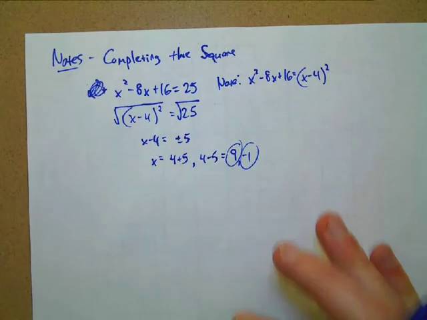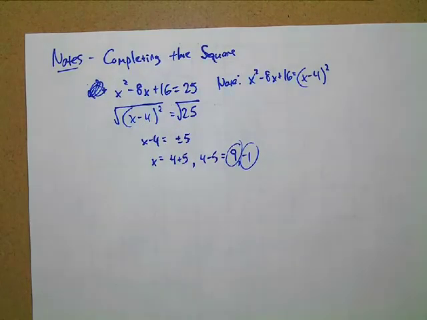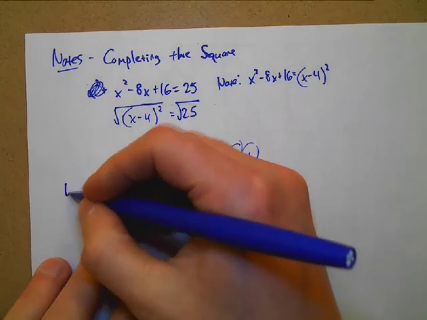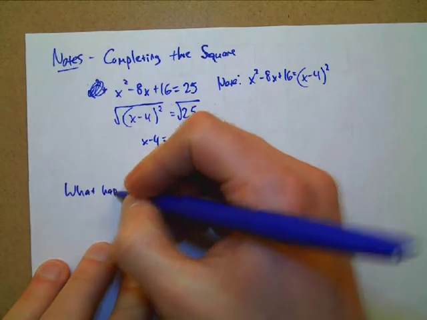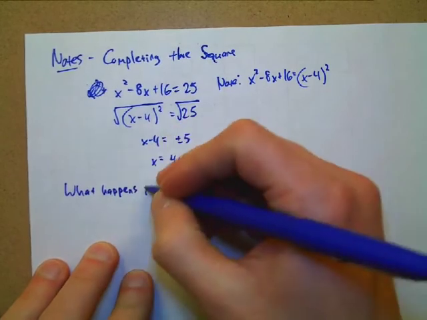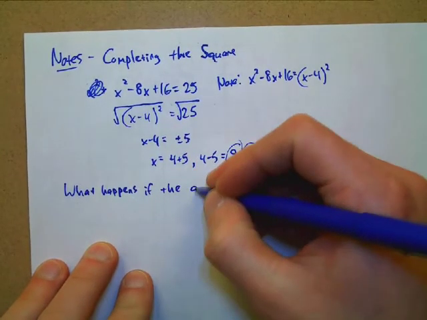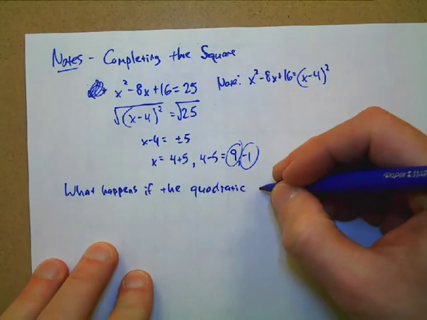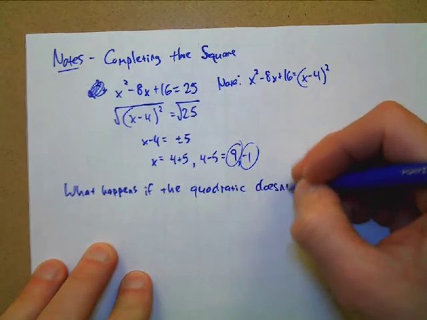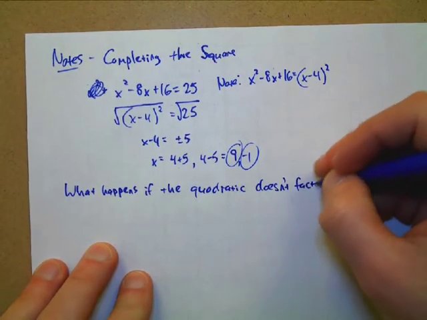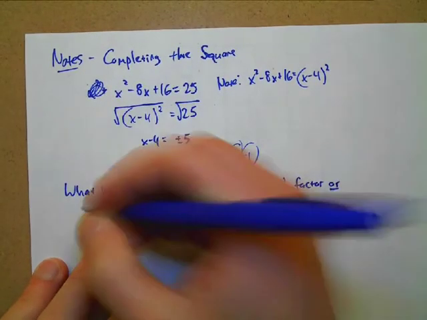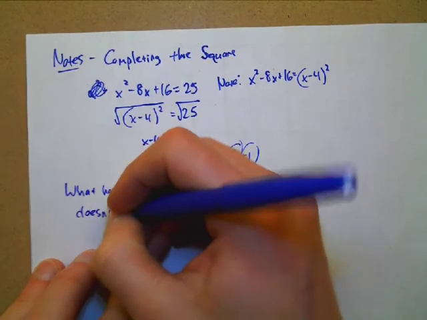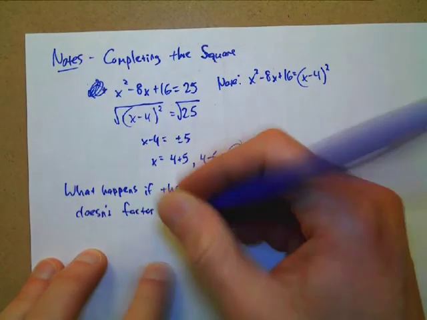But what happens if we don't have a perfect square? I'll write that out as a question. What happens if the quadratic doesn't factor, or doesn't factor to a perfect square?